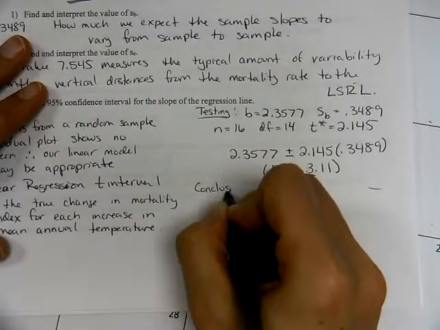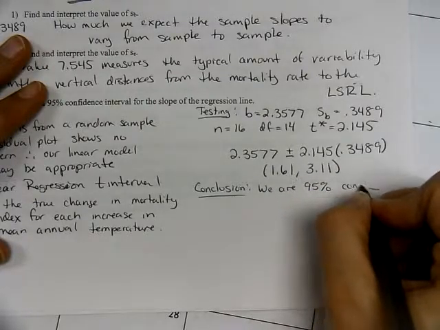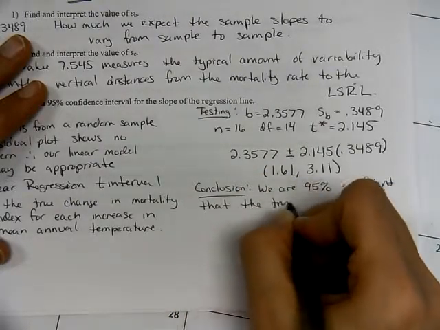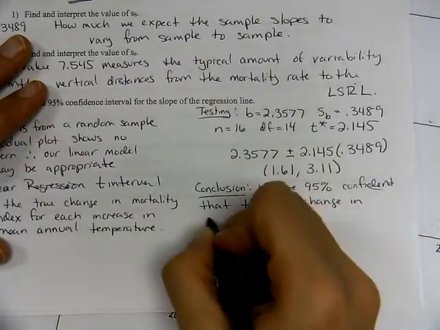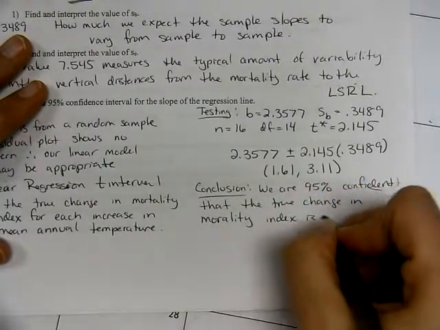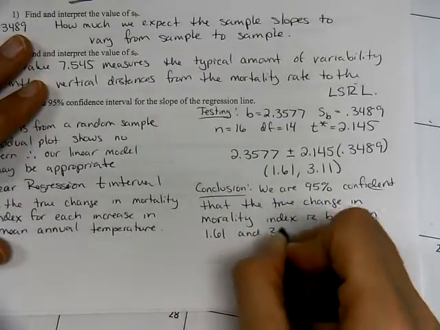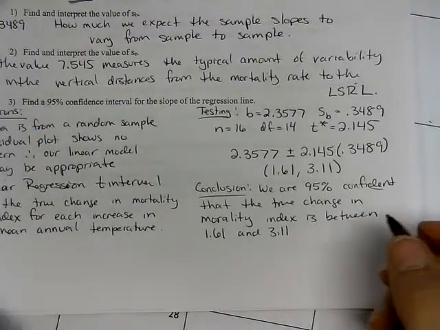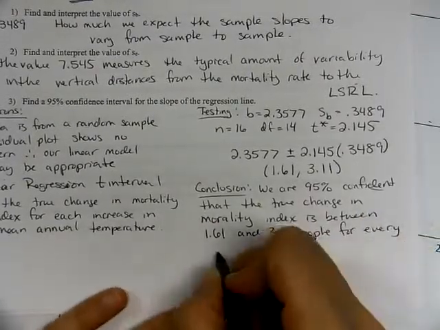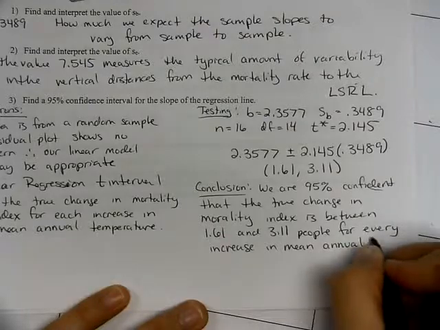Okay, let's write our conclusion. We are 95% confident that the true change in mortality index is between 1.61 and 3.11 for every increase in mean annual temp.